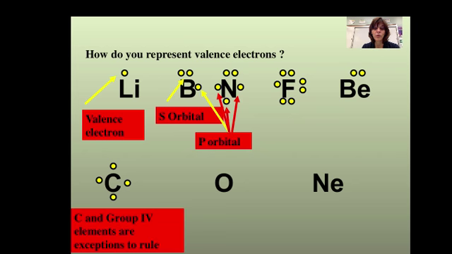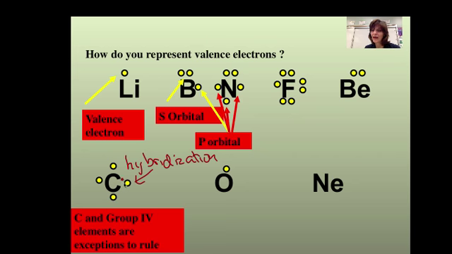We show them as having 4 individual electrons because these electrons do something called hybridization. I'm going to write that down. So the electrons, instead of having s2p2, change to have 4 identical electrons.